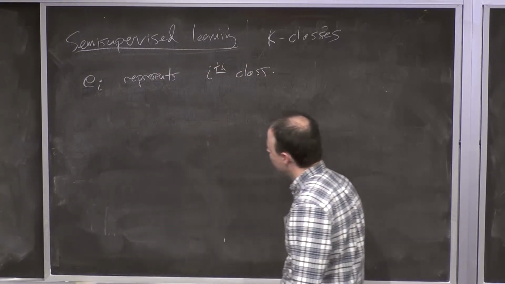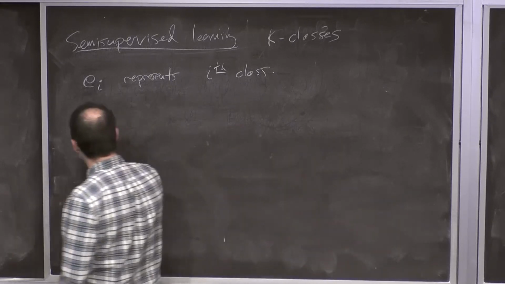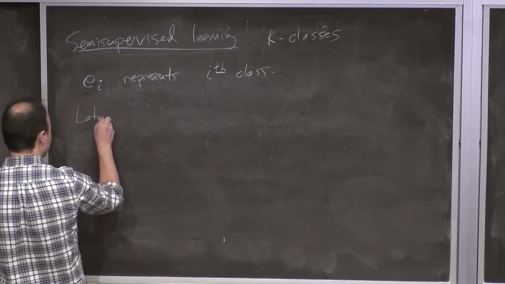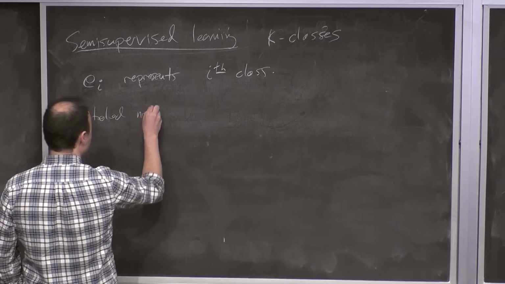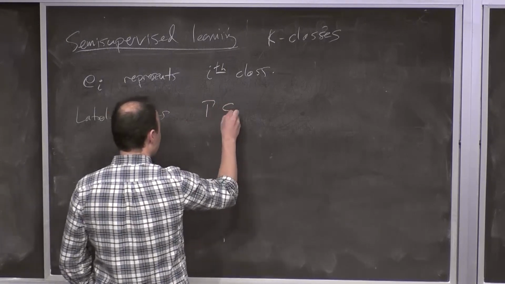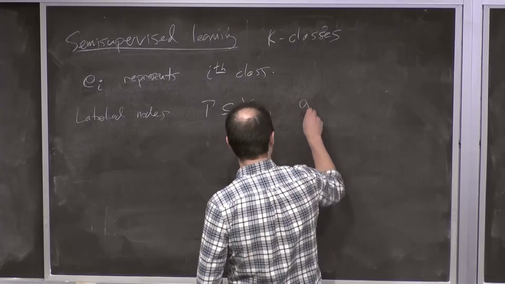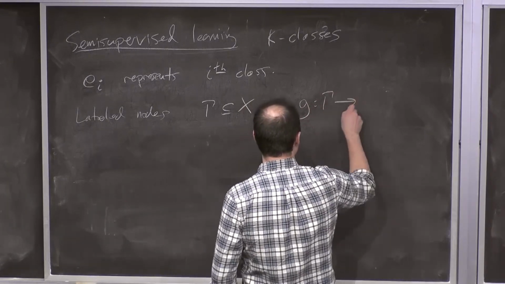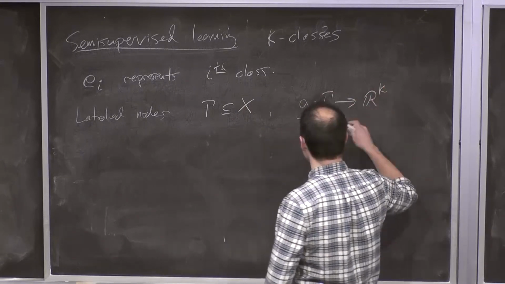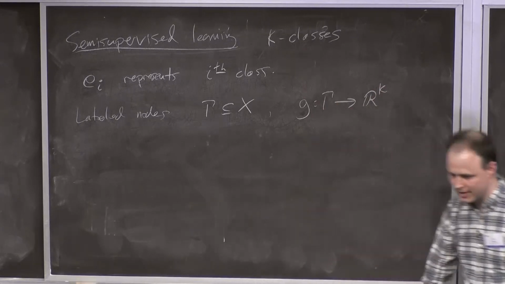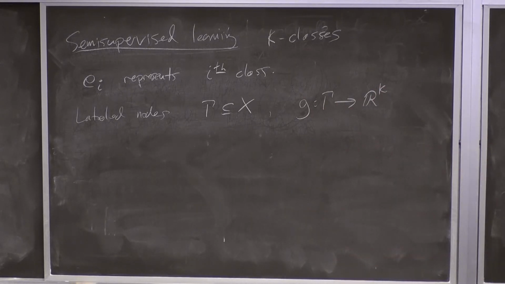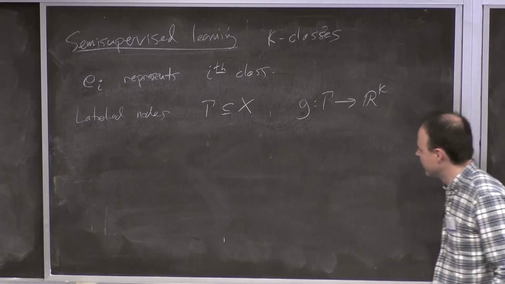Okay. And you have some subset of labeled nodes in the graph, call it gamma. Okay. And you have corresponding labels. So you have a function on gamma into Rk. Actually, it maps into the standard basis vectors. But in general, we don't. It's not so important for the analysis.